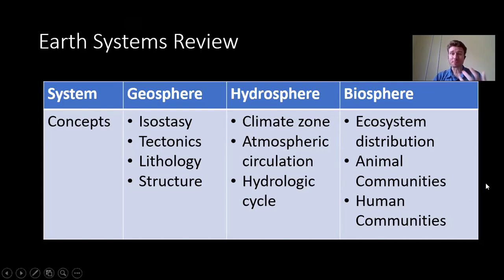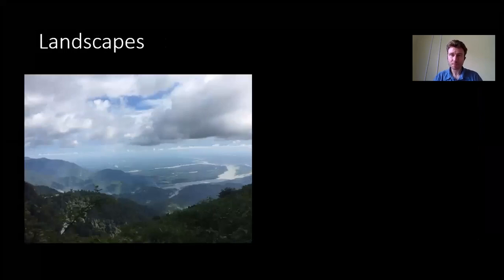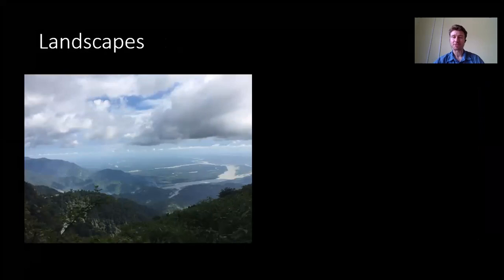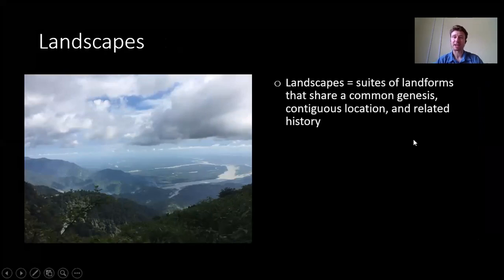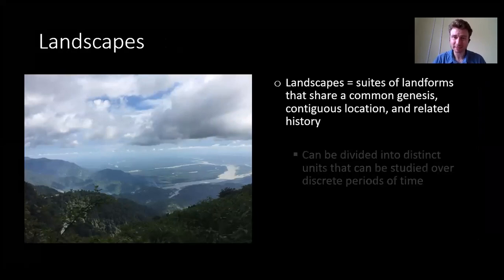So our Earth systems, right? This really helps to assign some meaning to the things that we can observe on our physical landscapes. And so bringing that together when we're talking about landscapes and landforms, some shared definitions: landscapes are suites of landforms that share a common genesis, contiguous location, and related history, right?